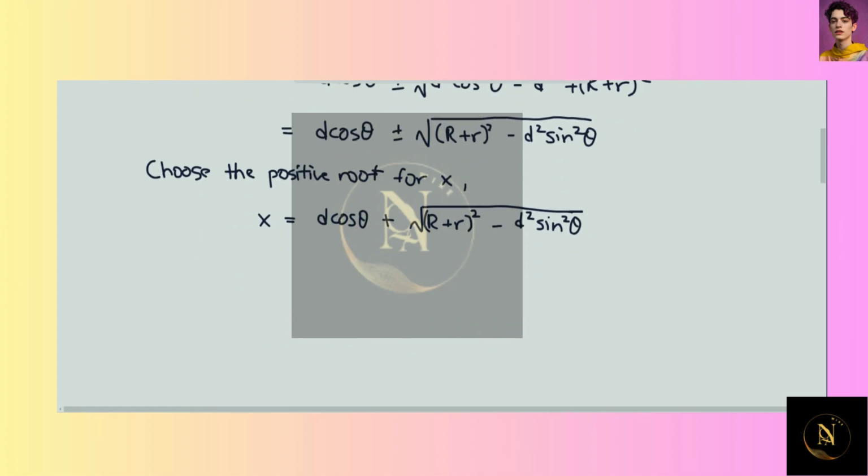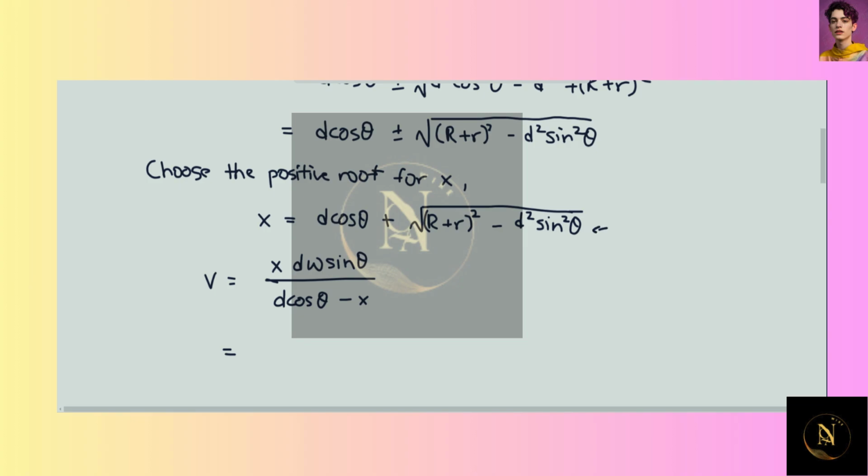Then recall that our v is equal to x d omega sine theta divided by d cosine theta minus x. I'm going to replace the x using this equation.